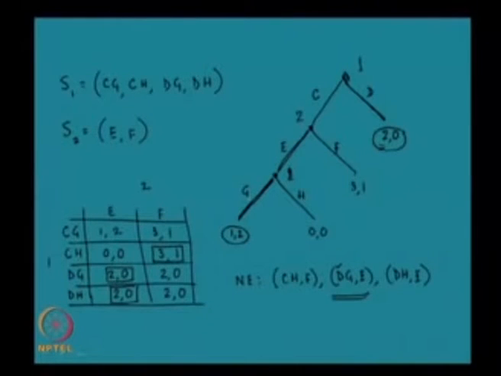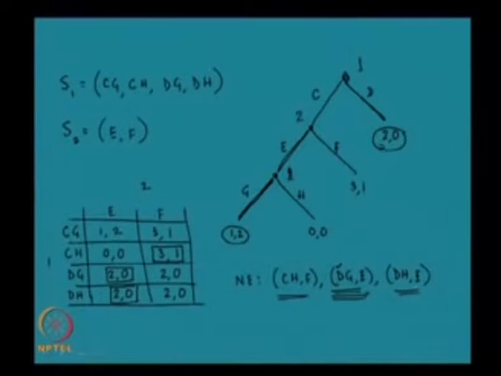So, we can talk about other sorts of deviation of player 1 also. He can deviate to CH, for example, but CH is unprofitable because in that case he will get 0, whereas now he is getting 2. So, this is a Nash equilibrium strategy profile. Likewise, these two can also be shown to be Nash equilibrium.